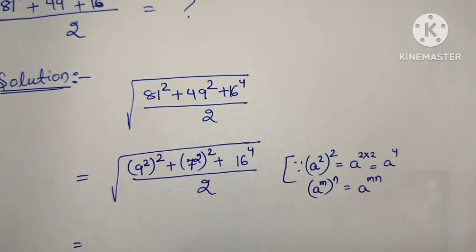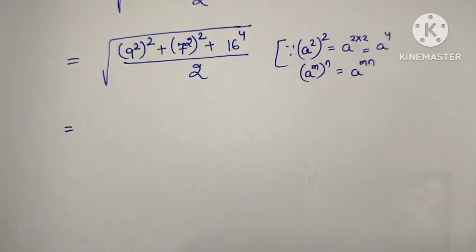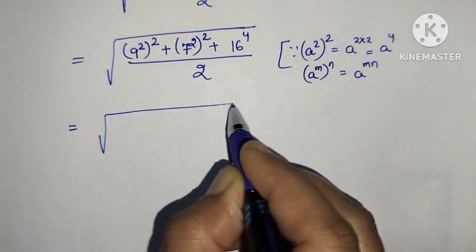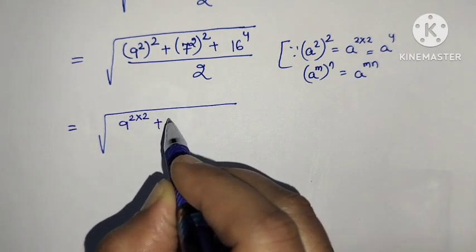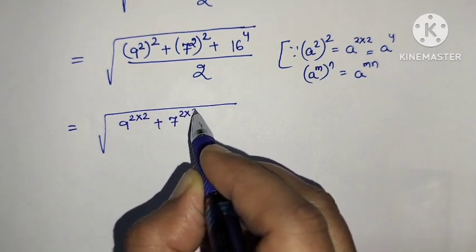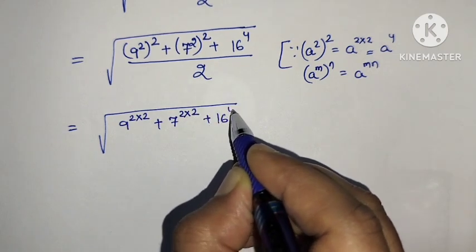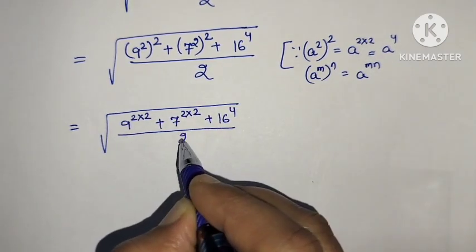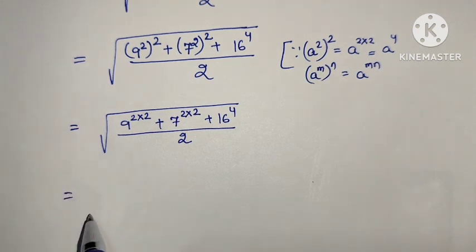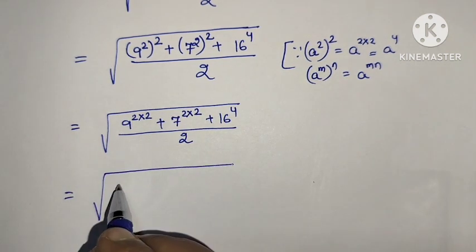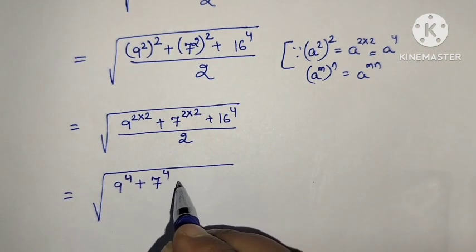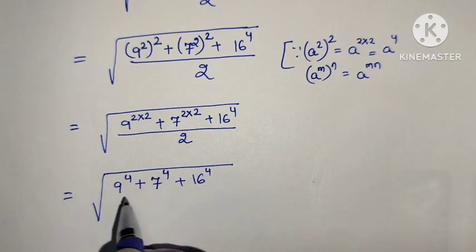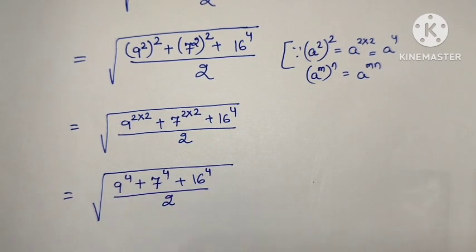Yes. Then the next step is what? Root over of 9 to the power 2 into 2 plus 7 to the power 2 into 2 plus 16 to the power 4 divided by 2. This is equal to the next step: 9 to the power 4 plus 7 to the power 4 plus 16 to the power 4 divided by 2.